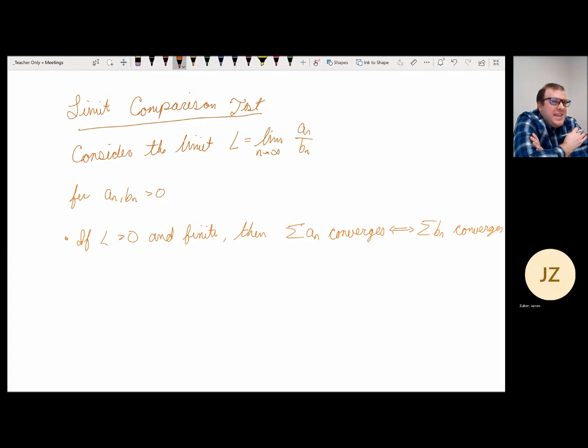This is typically the outcome we aim for. We try to find a comparison series that gives us a limit greater than 0 but finite, because then we know that the series behave identically. Both will converge or both will diverge. That's the easiest outcome.